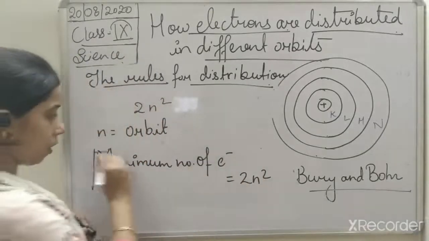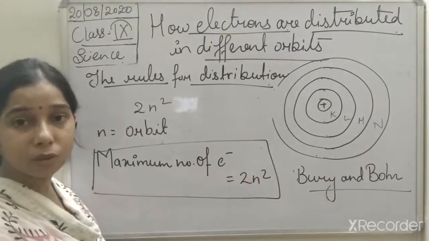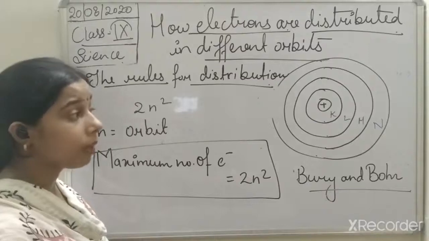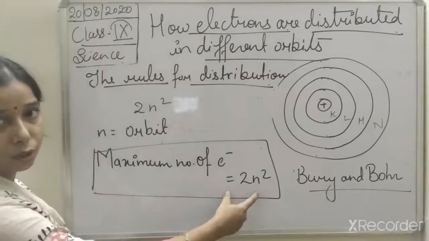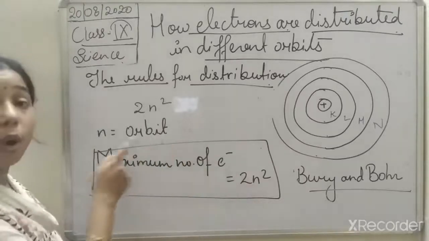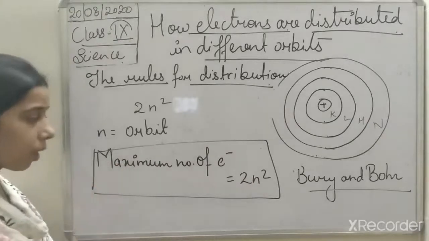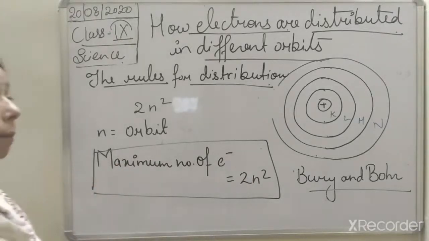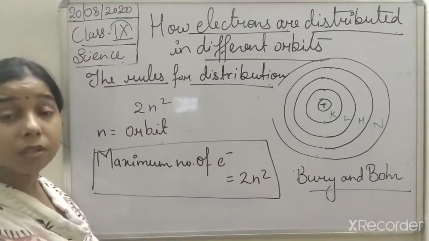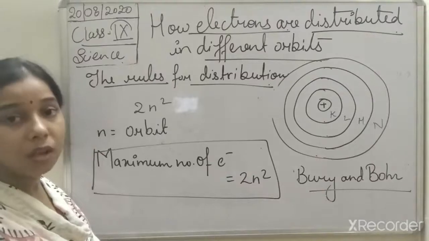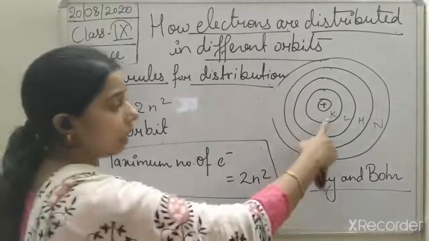By putting in the values, we can find the maximum number of electrons possessed by the different orbits present around the nucleus. Now if we talk about the first orbit, which is present near the nucleus, that orbit is the K shell.